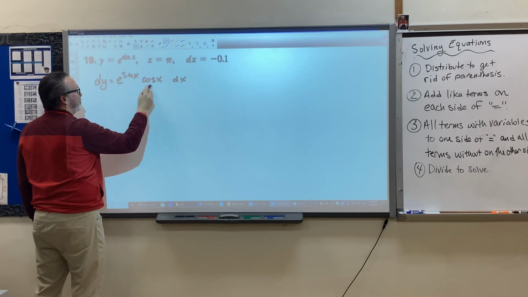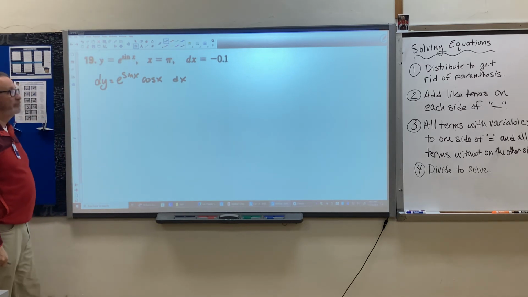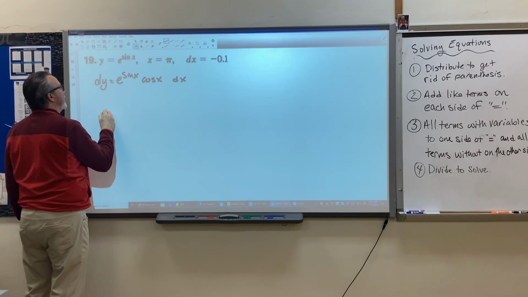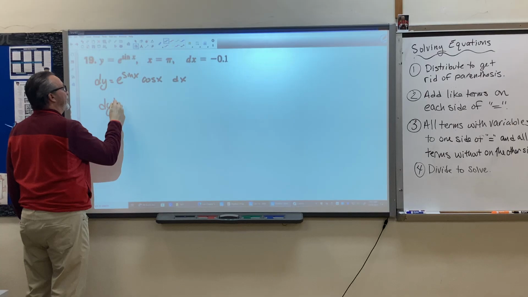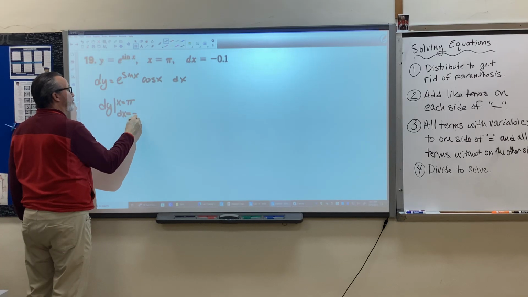So if you have a sum here, you need to put parentheses around it. Oh, we don't. So dy evaluated when x is high and dx is negative 0.1.